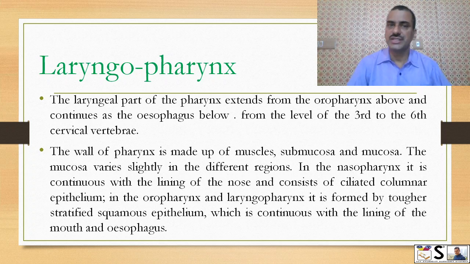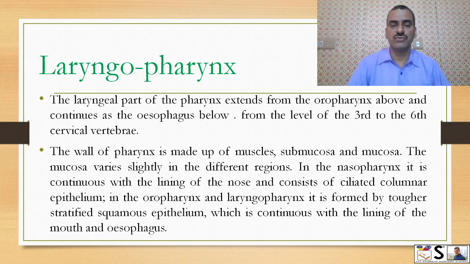The third part of the pharynx is the laryngopharynx. The laryngeal part of the pharynx extends from the oropharynx above and continues as the esophagus below, from the level of the third to sixth cervical vertebra.